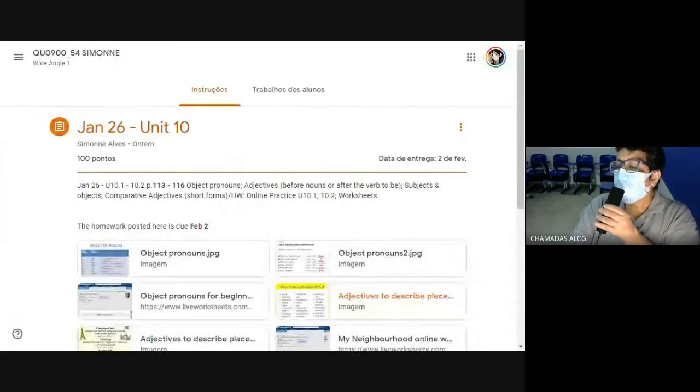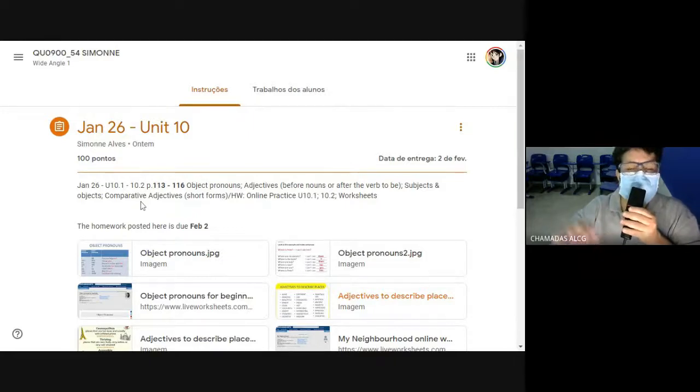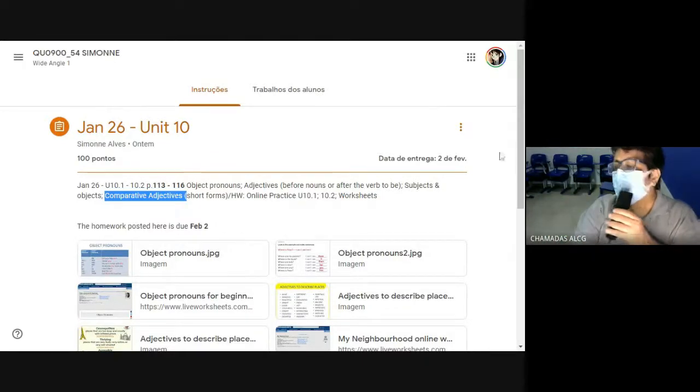Okay, guys? They will practice subject, verb, and object, and they will give us the comparative adjectives. But if you want, you can already study them, okay?